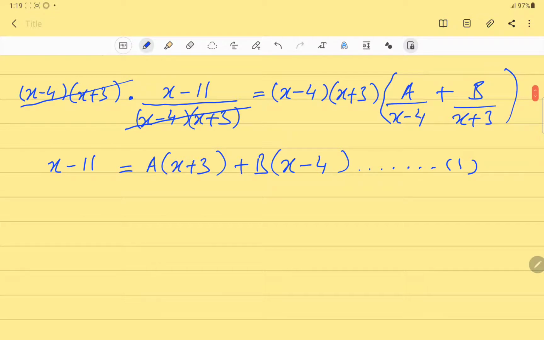Now we will assume different values of x to find out the values of a and b. For the first time, let x be equal to 4.